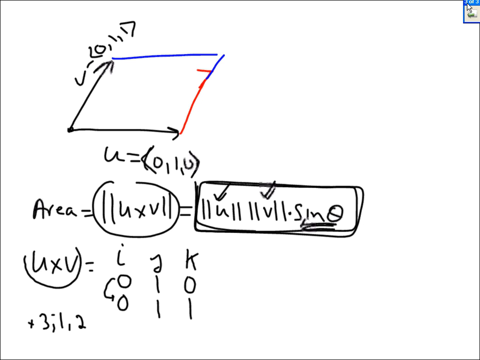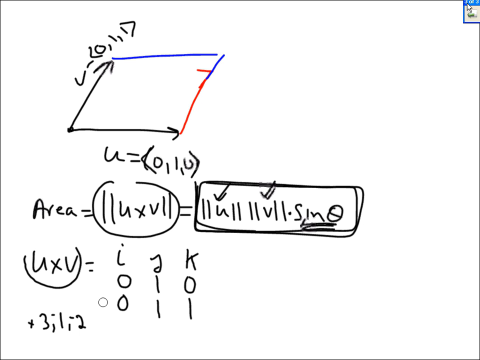You get +3, -1, -2. Those are the same lengths. One vector goes one way, and the other vector goes in the opposite direction, the same length. So since we want the length, it doesn't matter. That is, the length of u cross v is the same as the length of v cross u.